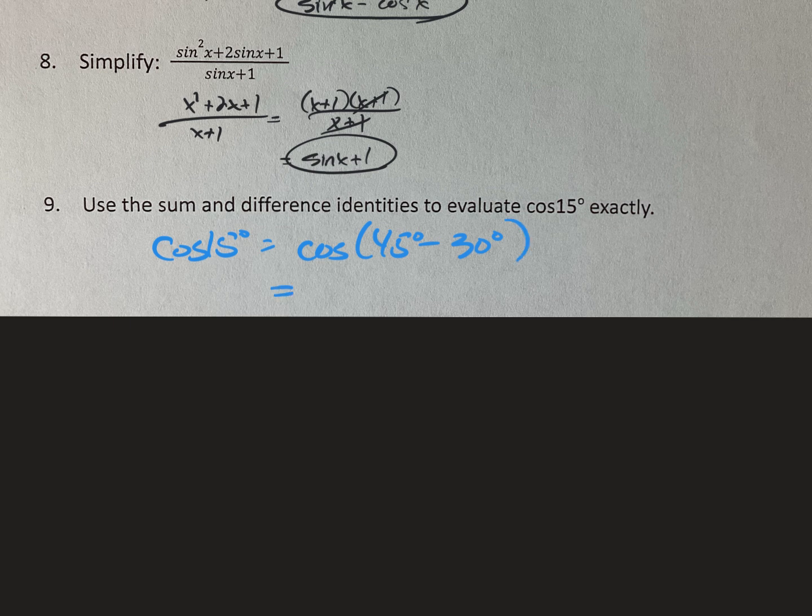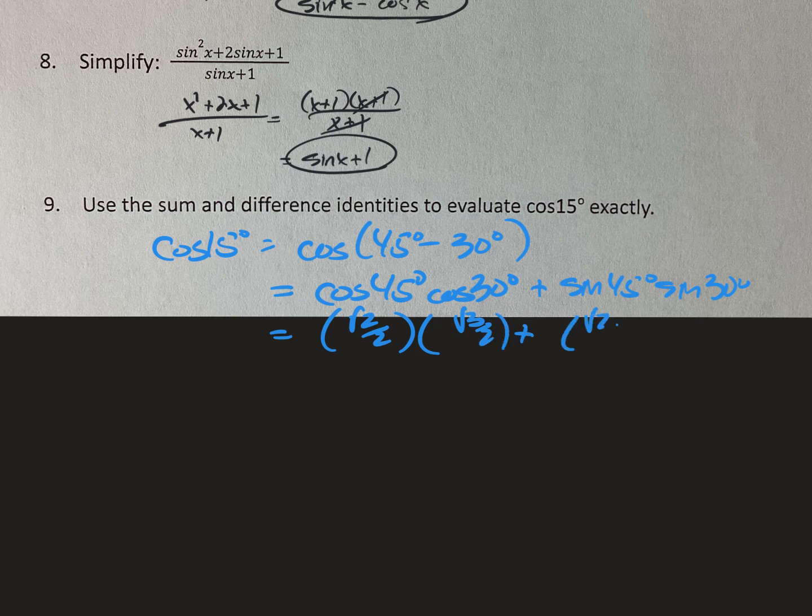So I'm looking at my identity page for the cosine of x minus y, and it says do cosine x, cosine y, remember the 45 and the 30 is your x and y, plus sine x and sine y. And you're just going to plug in the values. Cosine 45 is square root 2 over 2, cosine 30 is square root 3 over 2, sine 45 is square root 2 over 2, sine 30 is 1/2.